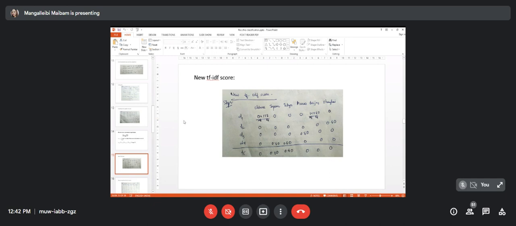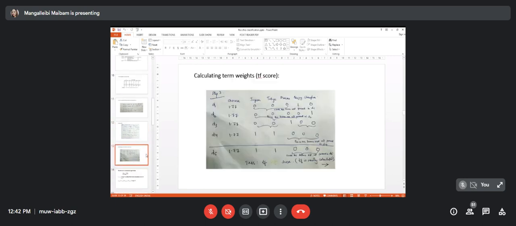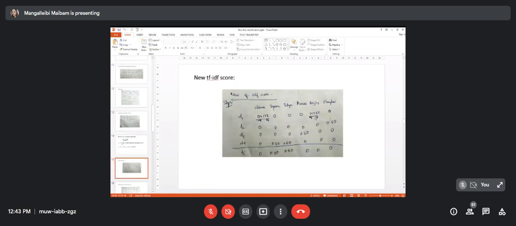So for Beijing, the IDF value is the initial one which we have calculated here. It is 0.60. So 0.60 into TF for Beijing. So what is TF for Beijing? It is 1.